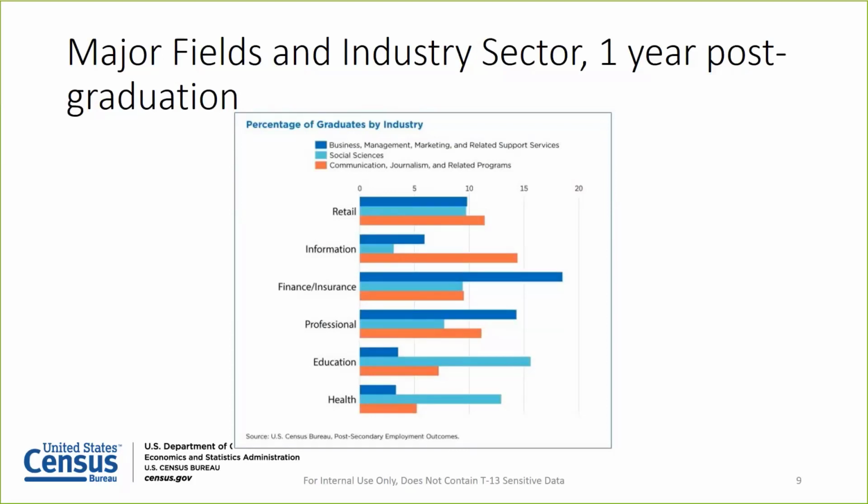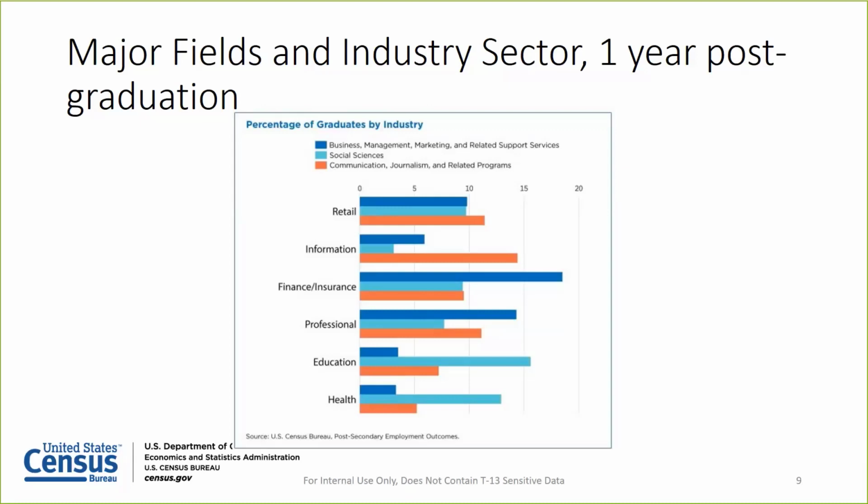And then the orange is communication majors and all of the things under that umbrella. What you can see is business majors are much more likely to end up, not surprisingly, in the finance and insurance industry sector, as well as in professional services, but much less likely to end up in education and health.